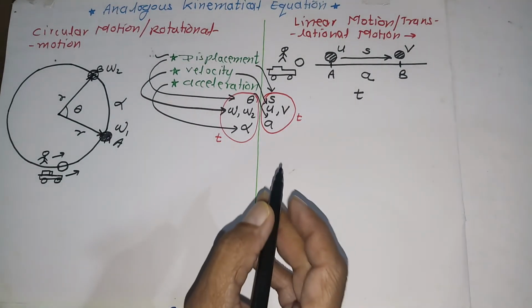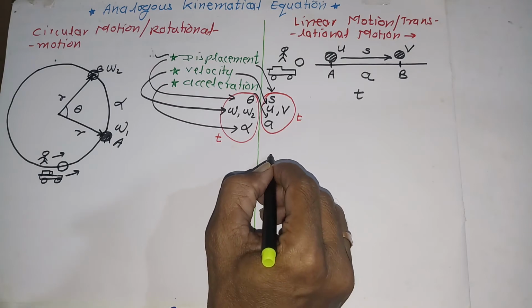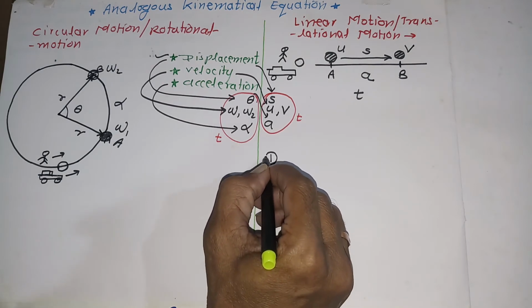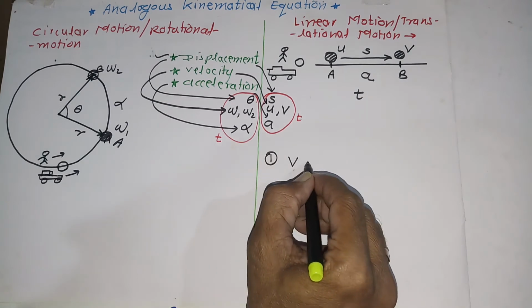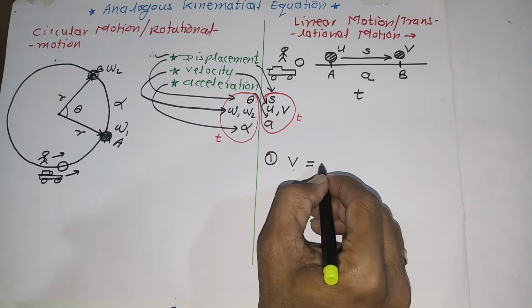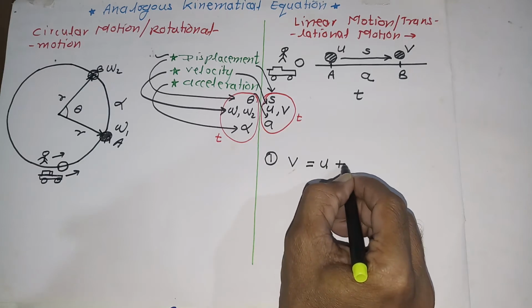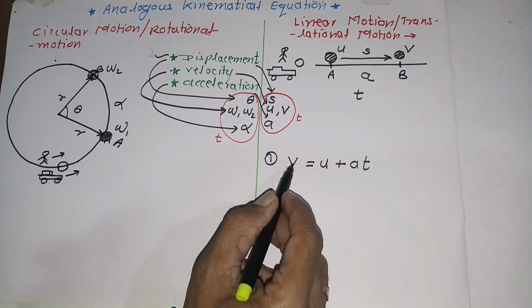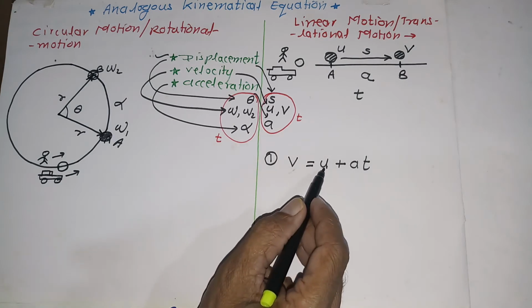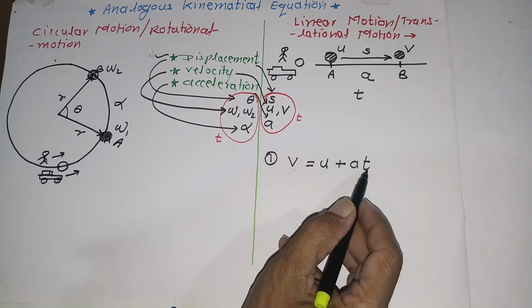Let me remind you. You know very well that the first kinematical equation in linear motion is v equal to u plus a into t, where v is final velocity, u is initial velocity, a is acceleration and t is time.